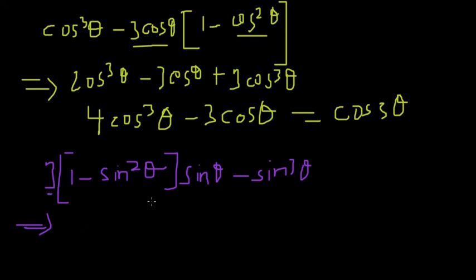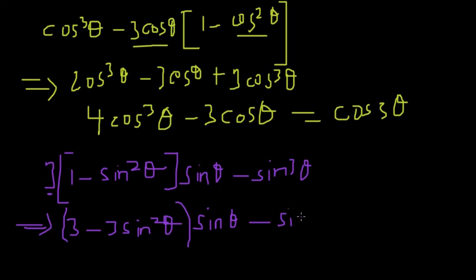So we have 3, and then minus this by this will give us 3 sine squared theta, and then minus sine cubed theta. Now let's expand this further.